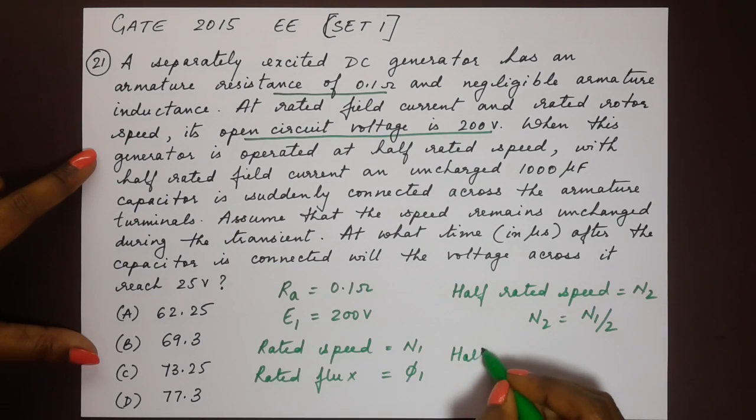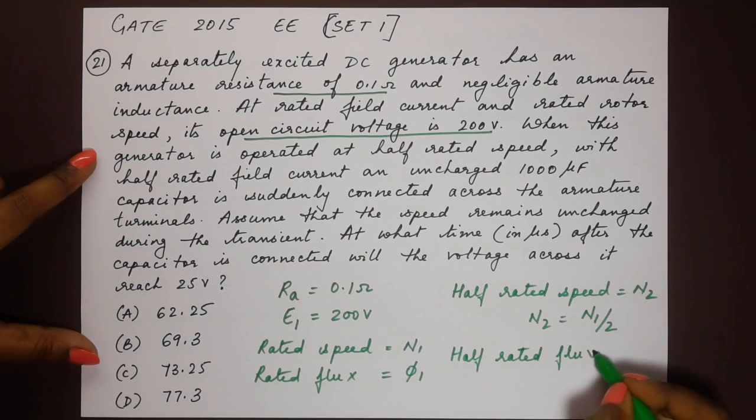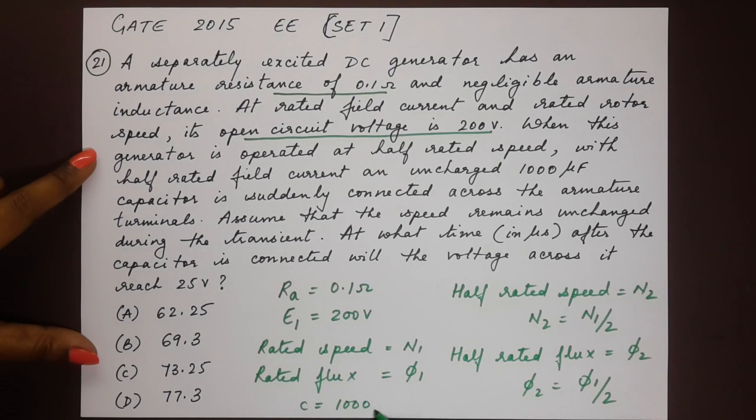Similarly, half rated flux would be phi2, and phi2 would be phi1 by 2. So this is what's been given to us along with the capacitance value as 1000 microfarad.